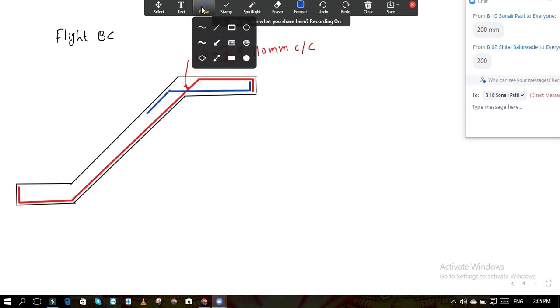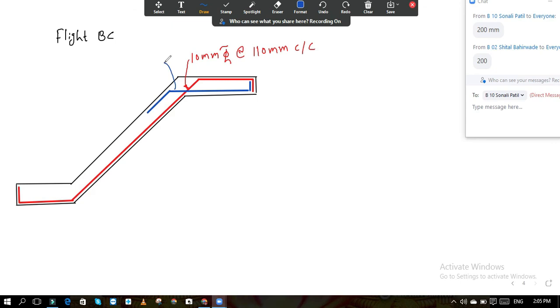Okay, you have to calculate the development length. To here. This is your top extra bar.